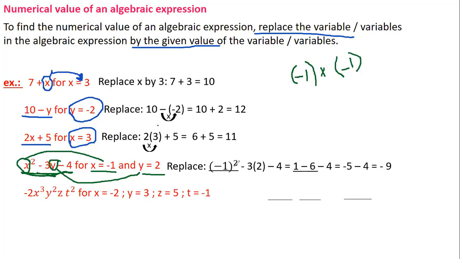What does squared, or power, mean? What does 5 squared mean? It is 5 times 5. What does 10 squared mean? It is 10 times 10. What does 9 squared mean? It is 9 times 9. So what does -1 squared mean?